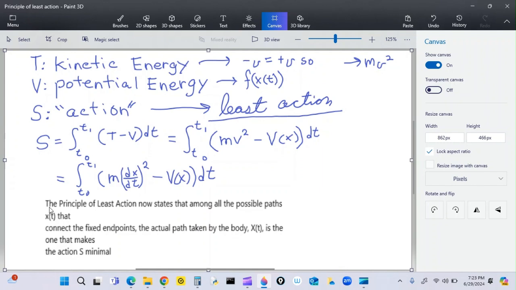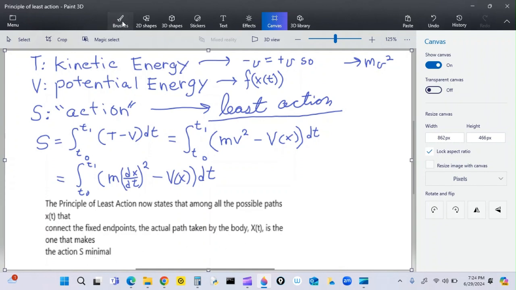I've printed this out. The principle of least action states that among all possible paths x of t, in other words, those are the different x's that the object follows that connect the fixed endpoints, the starting point and the ending point, the actual path taken is the one that makes the action S minimal.